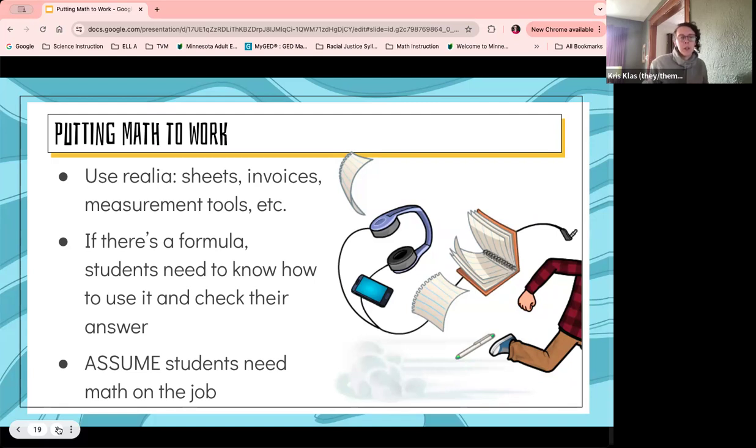But we want to make sure that we're designing these tasks and putting practice into the class itself so that students understand what they're doing when they're applying that formula, and they know when an error or a mistake has been made. I used that example earlier of making change. Maybe the cash register is down right now and I need to be able to do that. But also maybe it's just not making sense and I can identify that something went wrong here. Oh, I gave you the wrong bill. That's what the problem is.